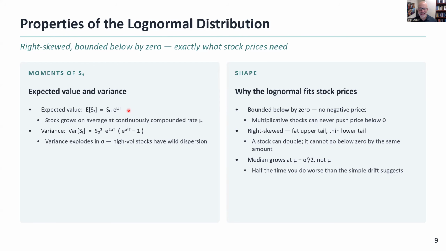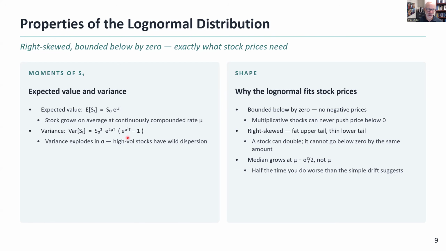But the median price itself grows at mu minus half of the variance, which is the same correction as we saw before. The median itself is growing at a different rate than the mean expected return. The variance expression itself is going to look a bit ugly here, but its key feature is that it grows with sigma squared.